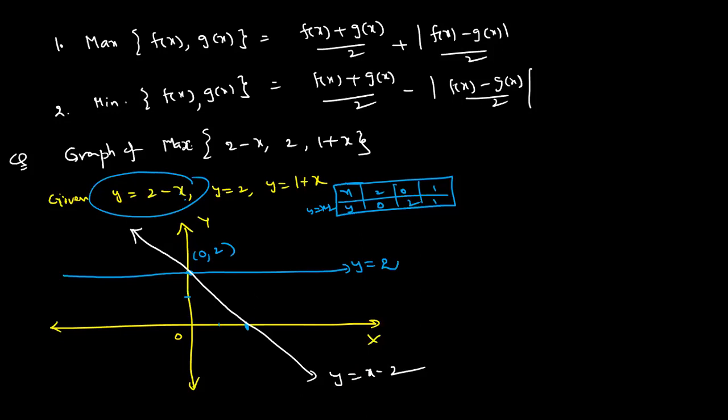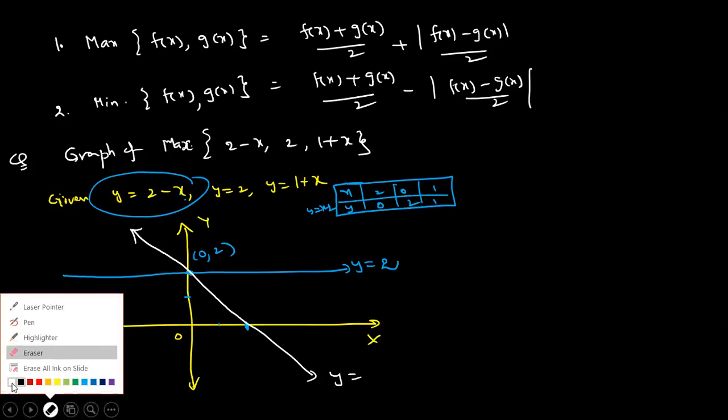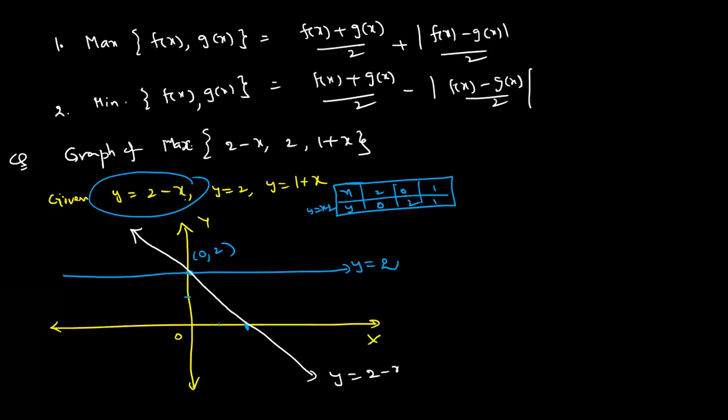Clear this is? Slope is negative, we know. So 2 minus x. Slope is negative, of course, passing through 0, 2 and 2, 0.